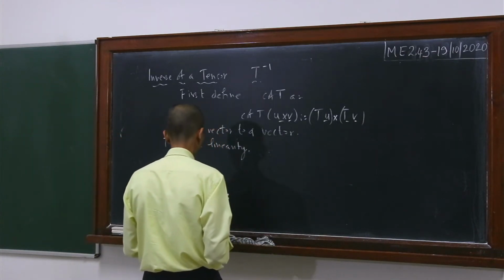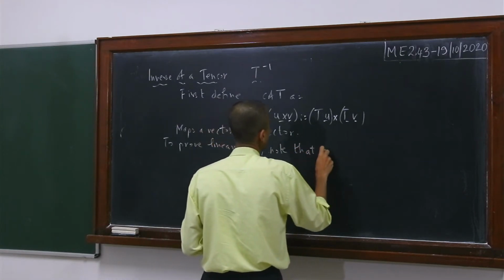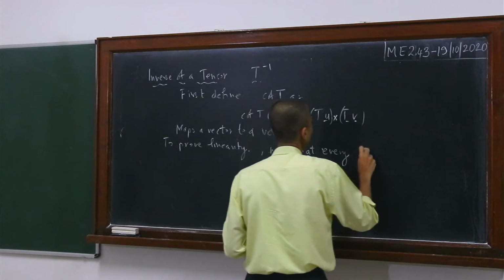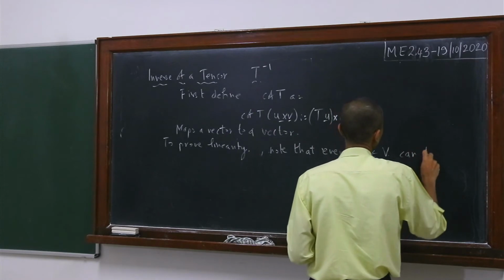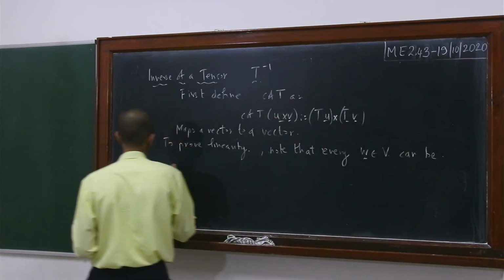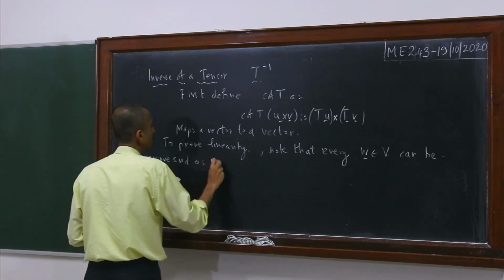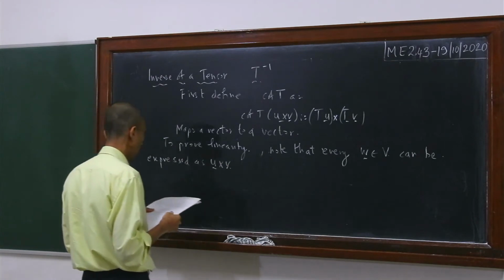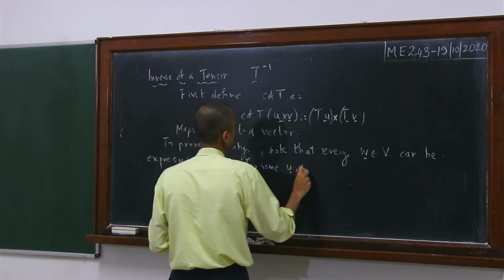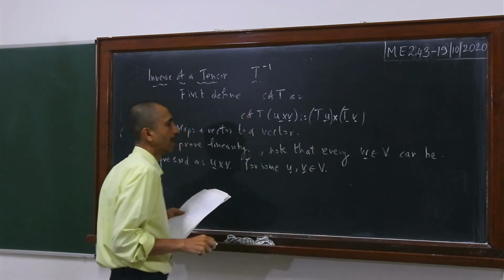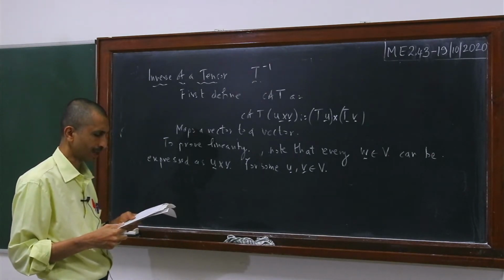we'll note that every w belonging to V can be expressed as u cross v for some u, v belonging to V. So take a look at the book or try it yourself, how you can do that.